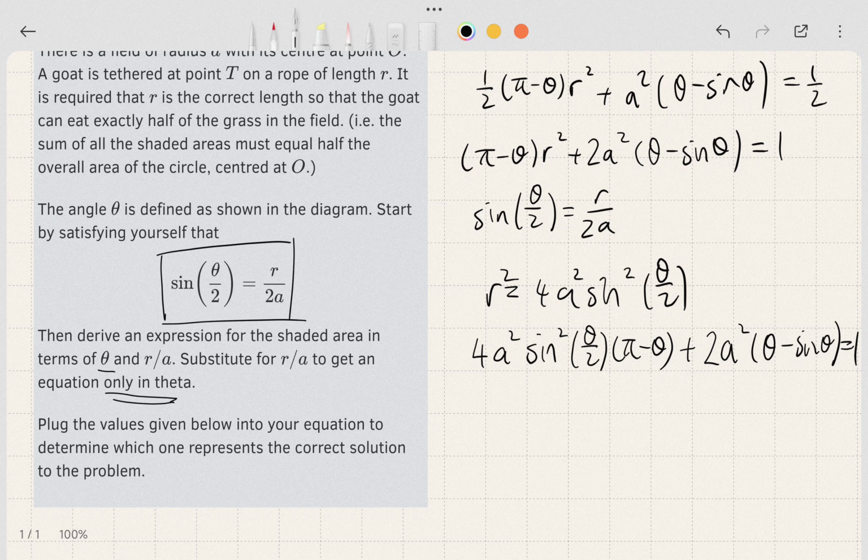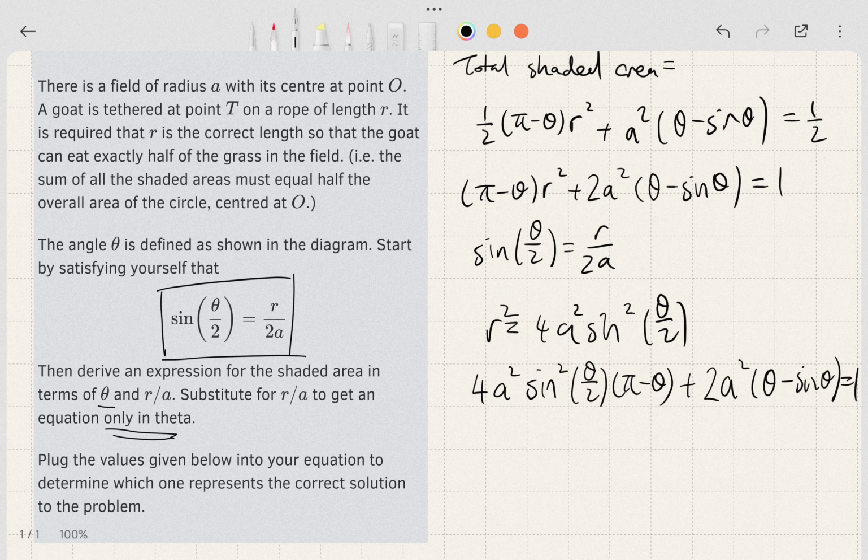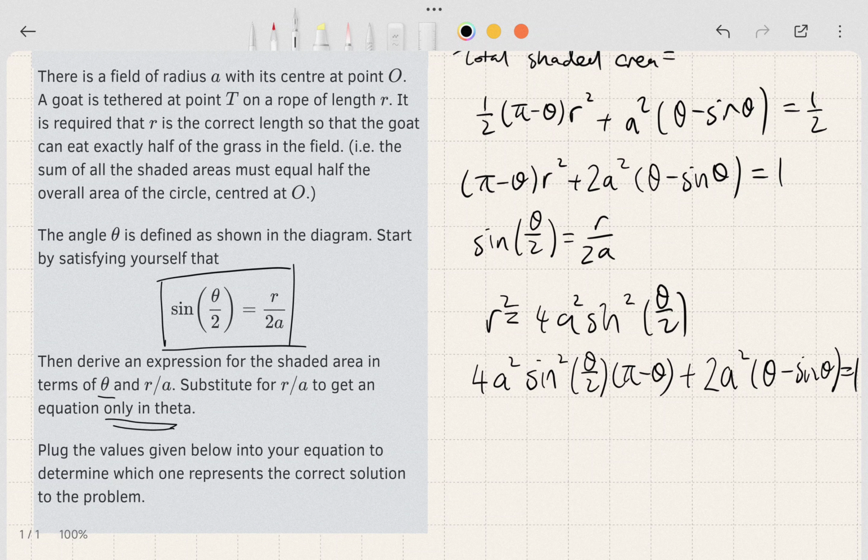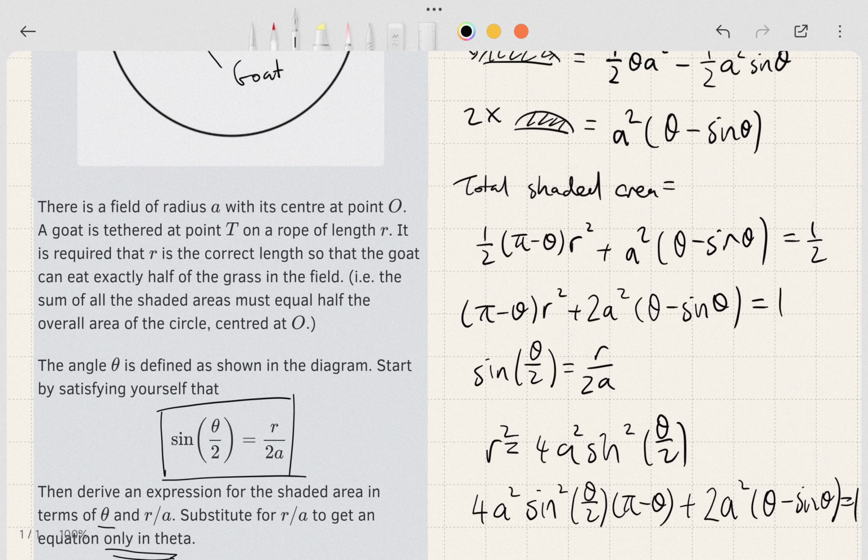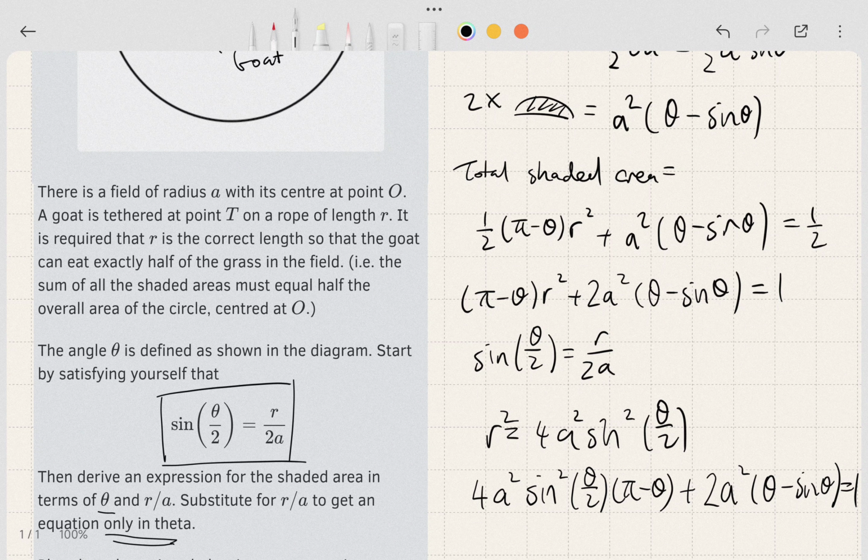Okay, so essentially, what I have here is half of pi minus theta times r squared, minus that.